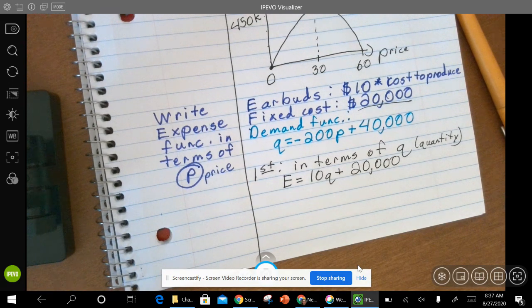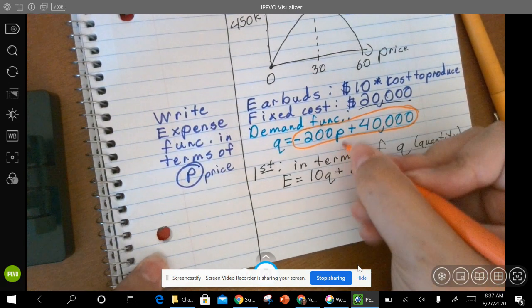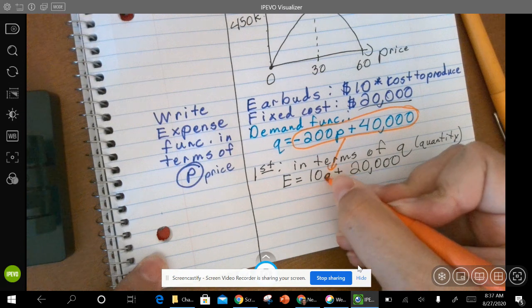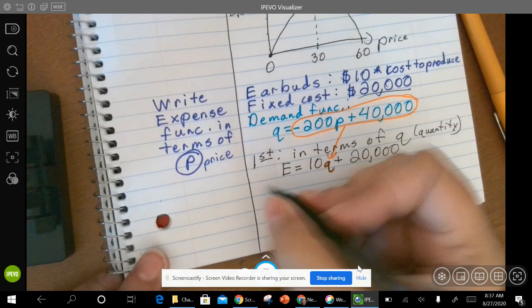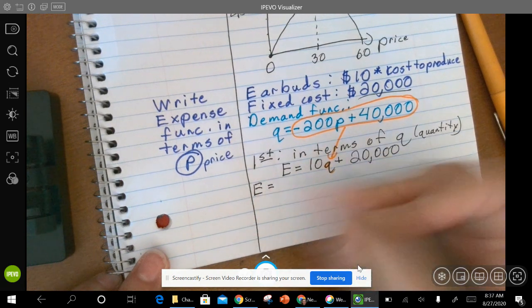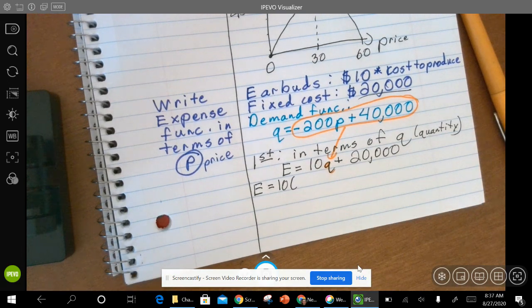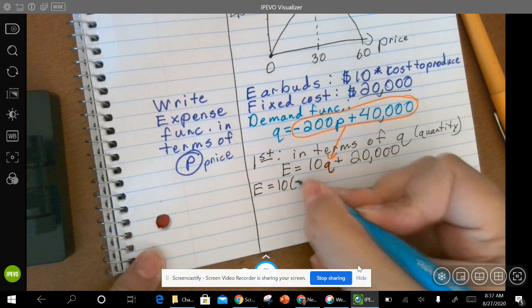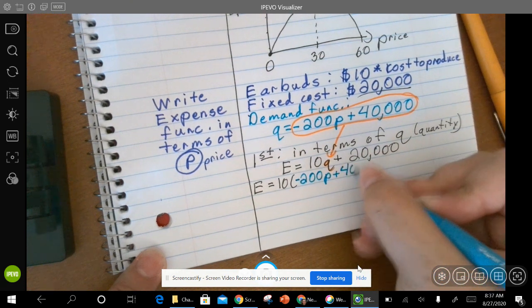And then I'm going to substitute in our demand function for Q. So I'm going to put it all together. I'm going to do 10 times all that, negative 200p plus 40,000.